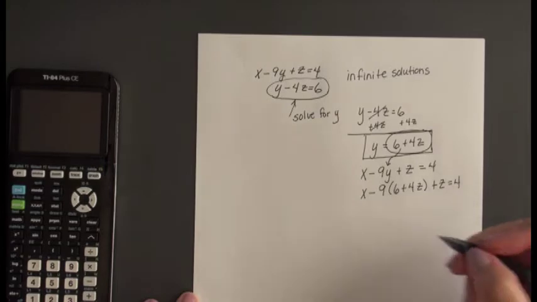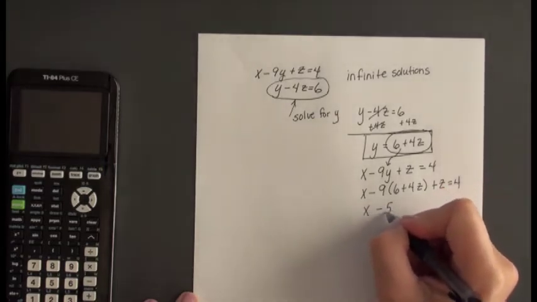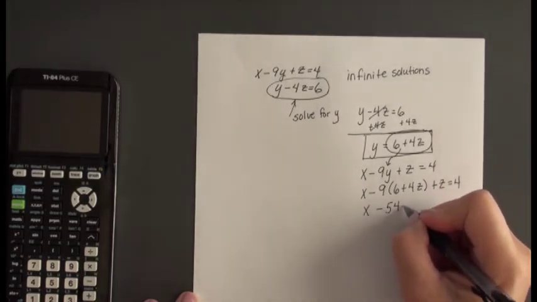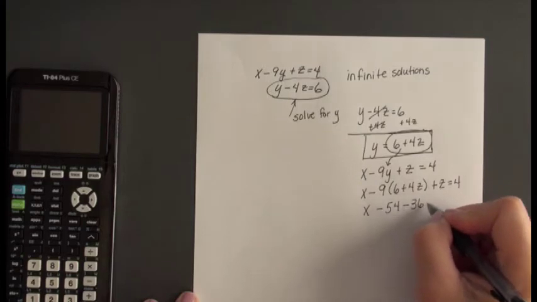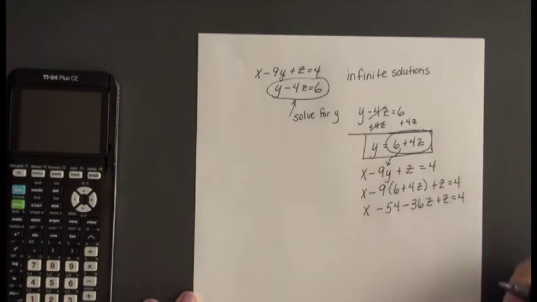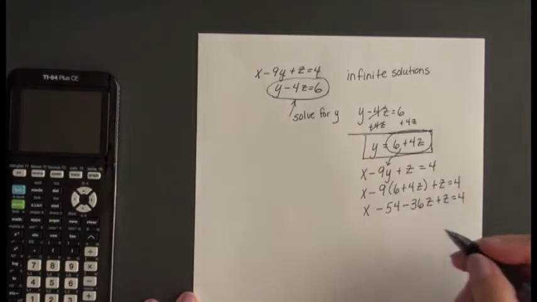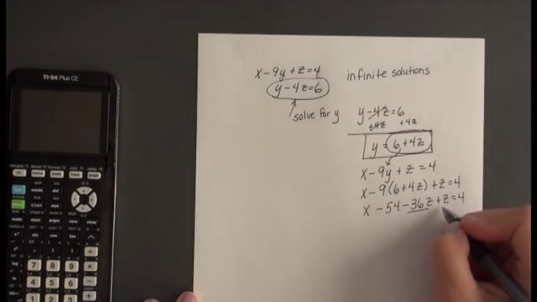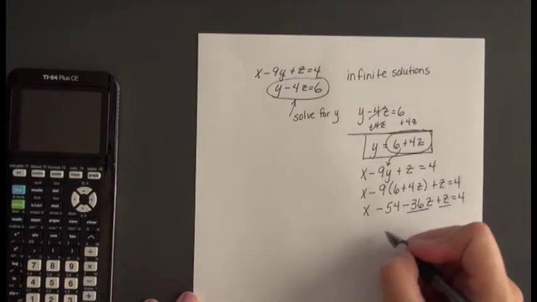I will distribute my 9. Then I will combine my z terms.